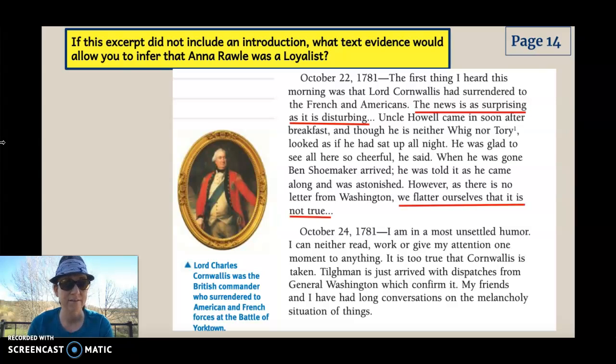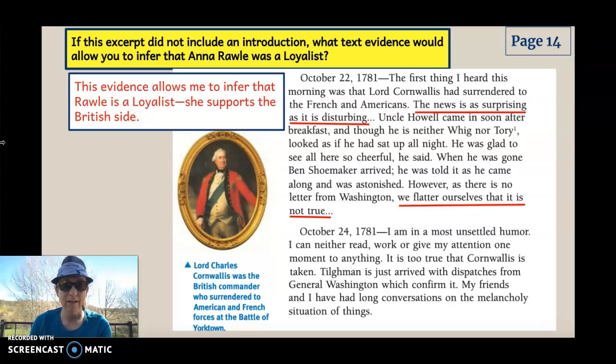We flatter ourselves that it is not true." This evidence right here allows me to infer that Rall is a loyalist. She supports the British side because she's hoping it's not true that Lord Cornwallis surrendered.